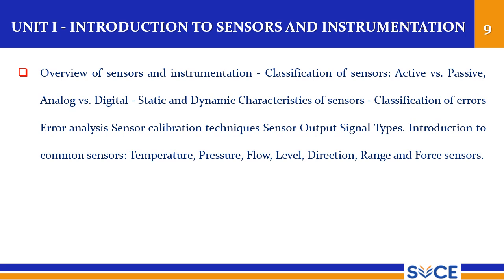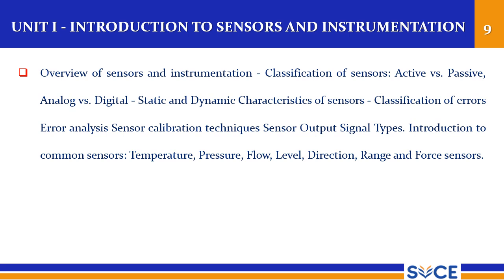Coming to introduction part, introduction to sensors and instrumentation. This comes under first unit. Overview of sensors and instrumentation. Classification of sensors, active versus passive, analog versus digital, static and dynamic characteristics of sensors, classification of errors, error analysis, sensor calibration techniques, sensor output signal types, introduction to common sensors like temperature, pressure, flow, level, direction, range, and force sensors.